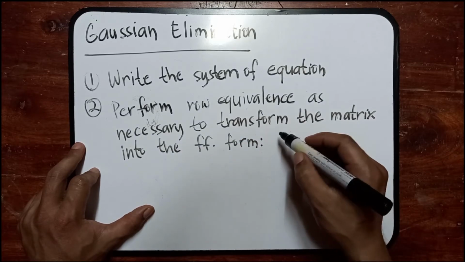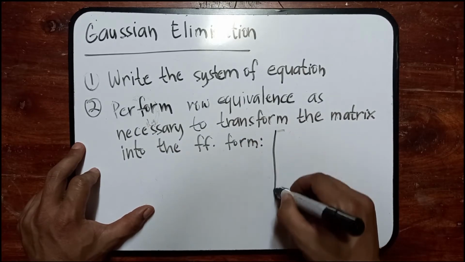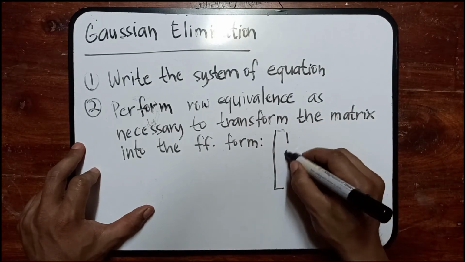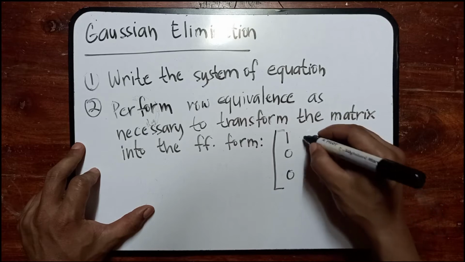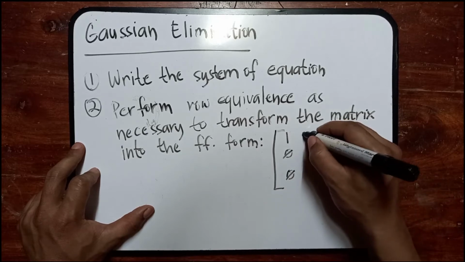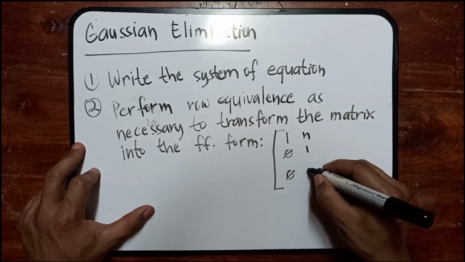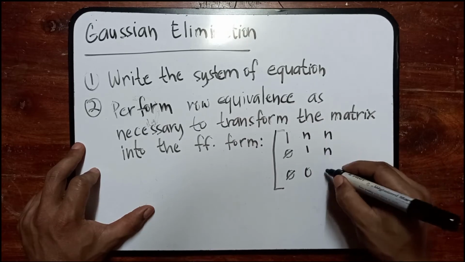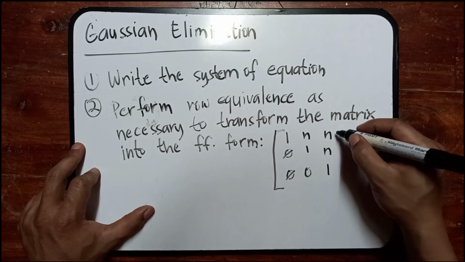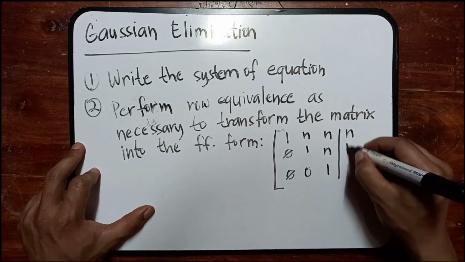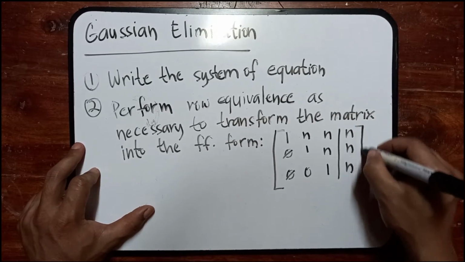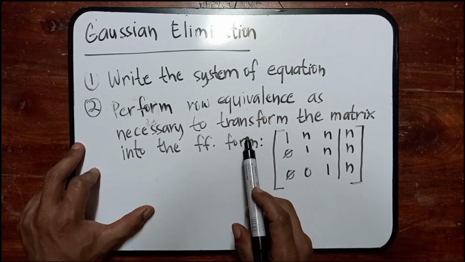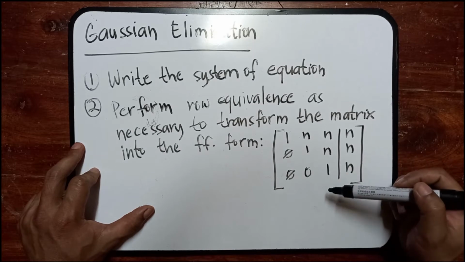so this is our goal. We should be able to create this form. So we keep on applying row equivalence until we reach this form.